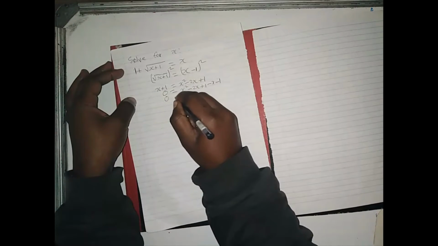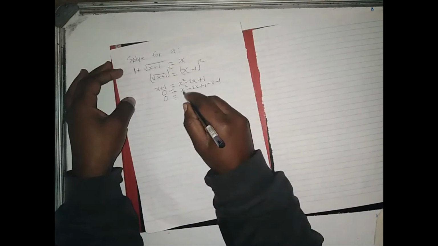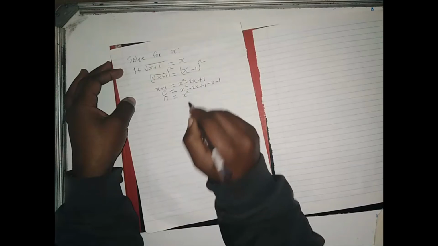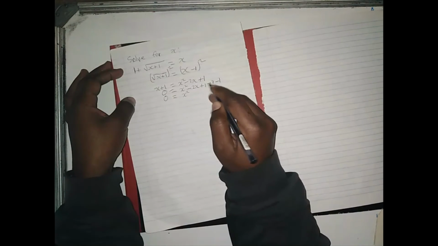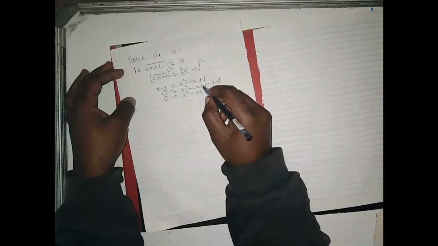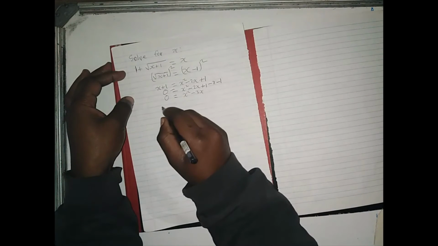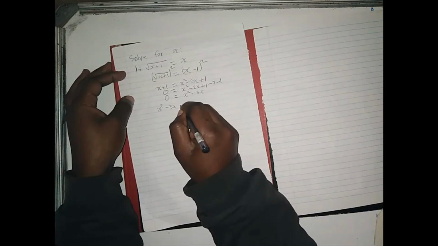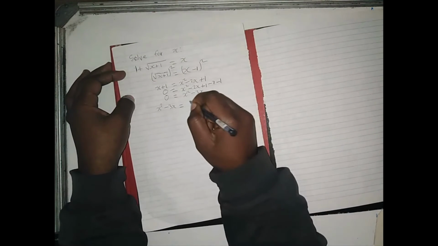So this is the same as 0 is equal to x squared, and then minus 2x minus x is going to be minus 3x, and then plus 1 minus 1 is going to be 0. So this is the same as x squared minus 3x is equal to 0. Do we agree?